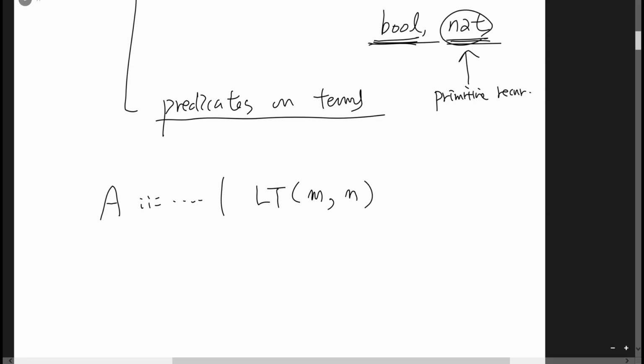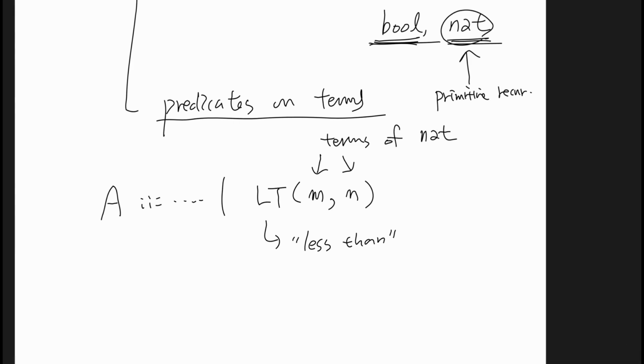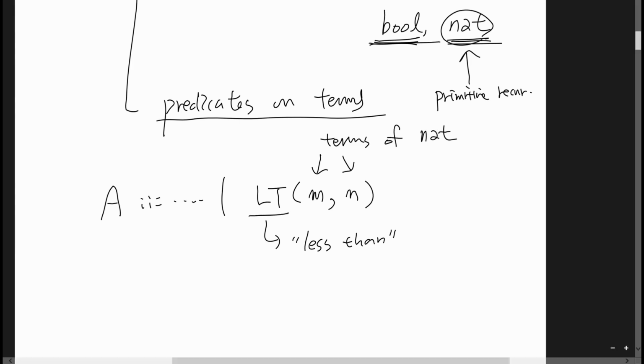So this LT of course stands for less than, and both m and n are terms of data type nat. And we'd like to define this predicate less than using natural deduction.